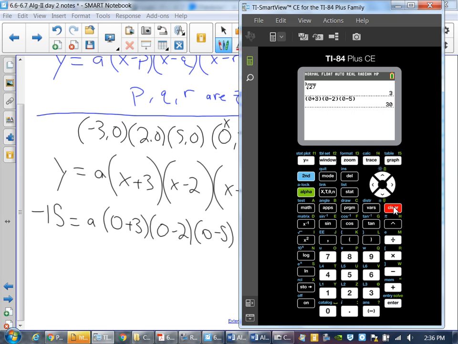If you type in parentheses 0 plus 3, 0 minus 2, 0 minus 5, all within parentheses, especially when you have x values that aren't 0, because I have a lot of faith in you, but sometimes I don't have that much faith in you to not make a silly mistake. Press the buttons in the calculator. It's not going to hurt you. I'm joking. So, -15 is going to equal 30 times a.